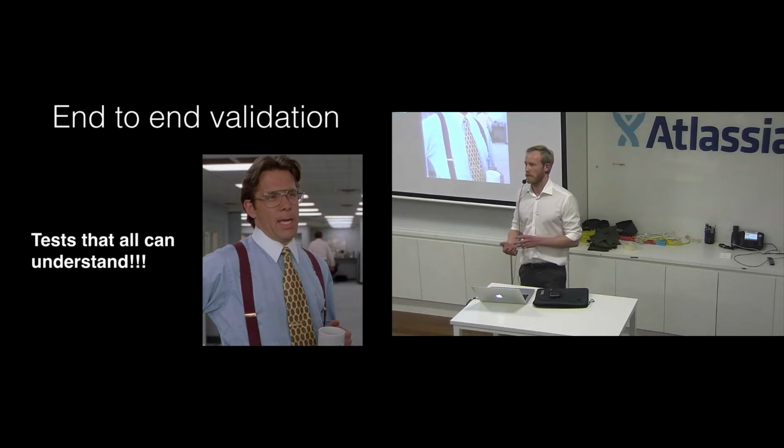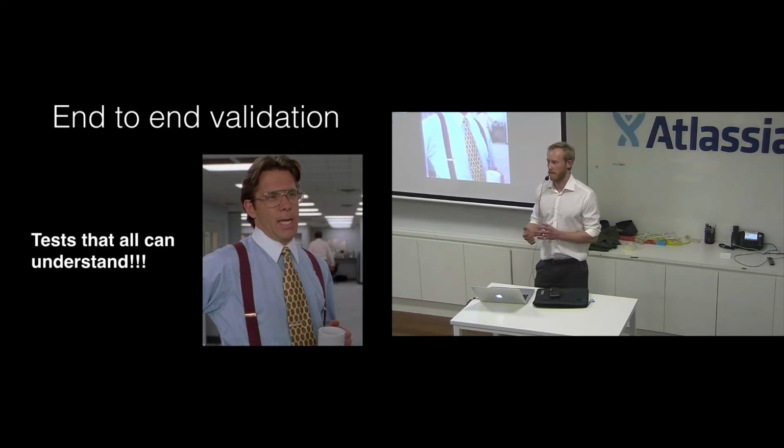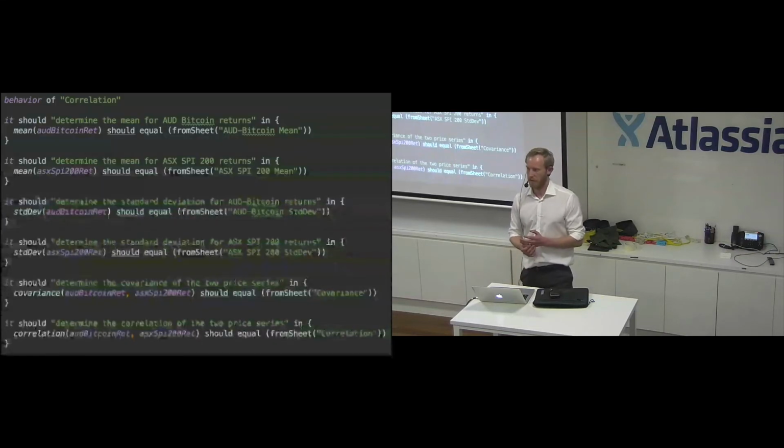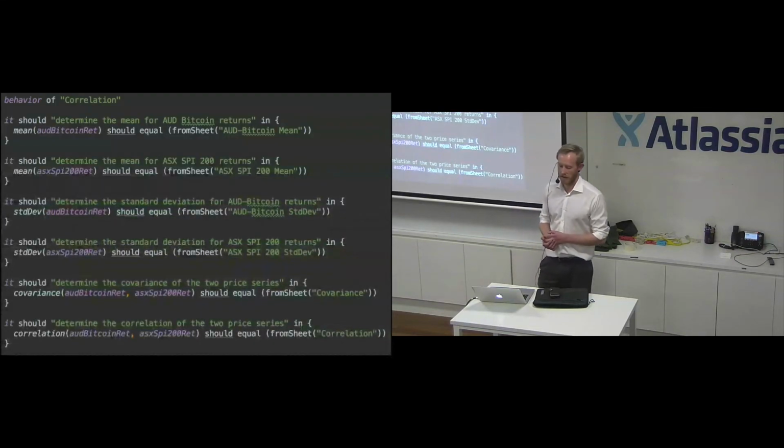But the ease with which you can write tests in Scala that are very legible to your BAs or whoever else, or output the results from your test cycles in a format that is very readable for the average person who doesn't actually understand what the code's doing.